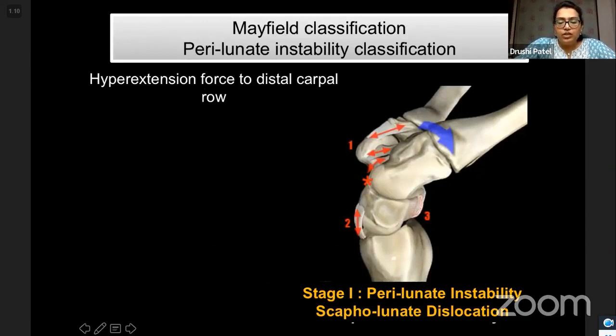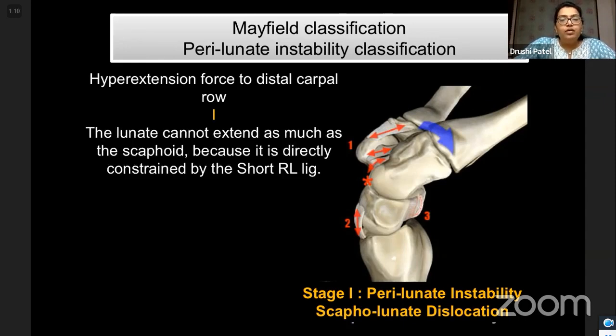So first, stage 1, the forces were being transmitted through the scapholunate joint. The first perilunate instability is the scapholunate dissociation, where there is a hyperextension force to the distal carpal row. Now the lunate cannot extend as much as the scaphoid, because it is held by the extrinsic ligament.